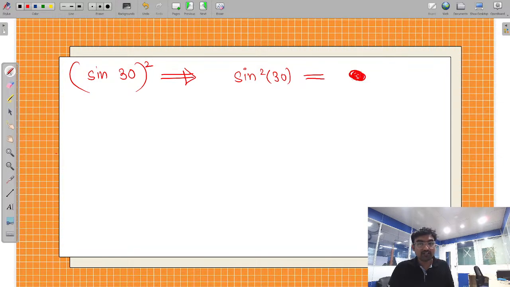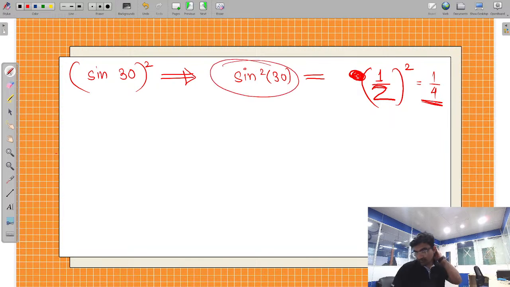What is the value of sine 30? Can anyone tell me? It's 1 by 2, right? And 1 by 2 square, that is 1 by 4, correct? So remember this. The value of sine square 30, if it is written sine square 30, then it means 1 by 2 bracket square, correct? Yeah, so let's start with the numericals now.